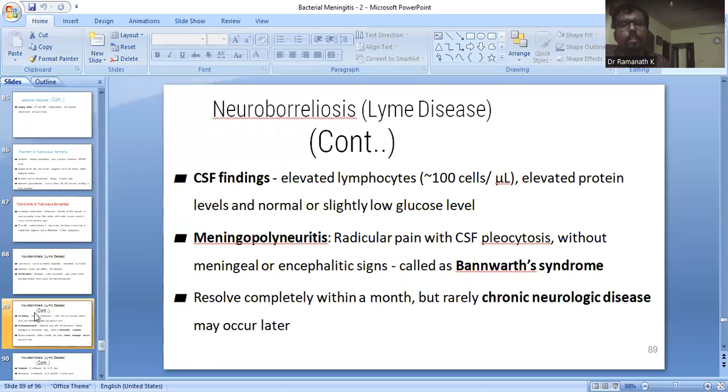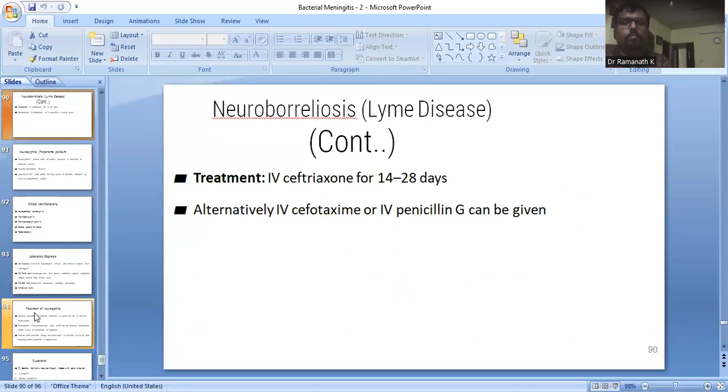This infection resolves completely within a month, but rarely chronic neurological disease may occur if untreated. For treatment, we can start intravenous ceftriaxone for 14 to 28 days. Alternatively, intravenous cefotaxime or intravenous penicillin G can be given.